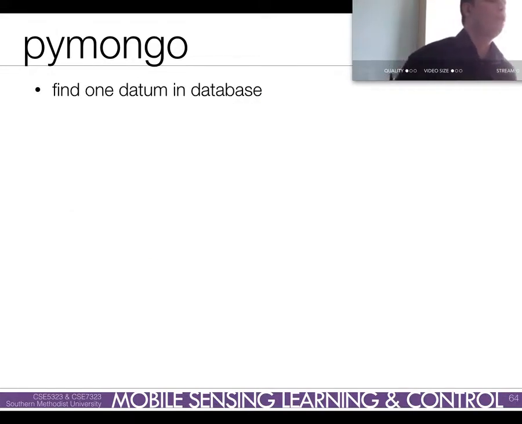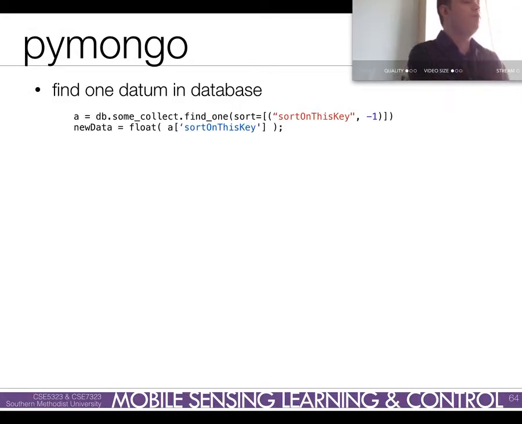Okay. So if I want to use PyMongo to perform some queries on my database, and I want to find one datum, I can use the find_one function.